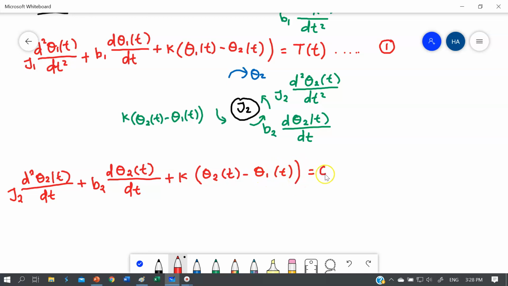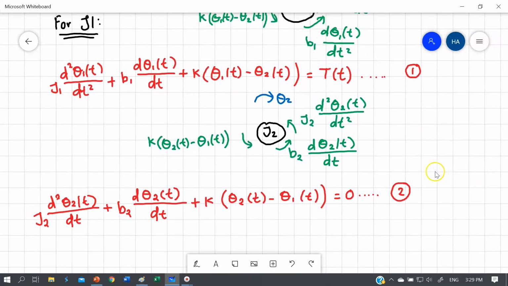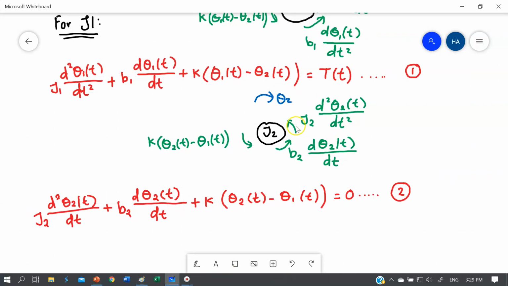This time it equals 0 because no input torque is applied to J2. So we have here equation 1 and equation 2 that represent the differential equations for the given rotational mechanical system.